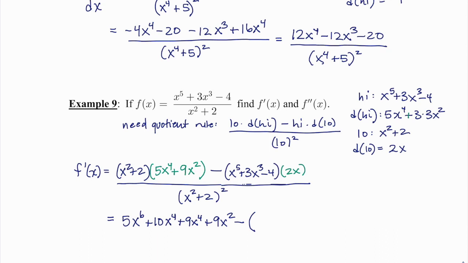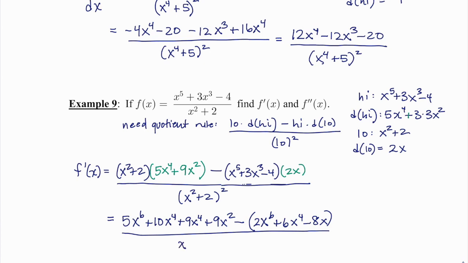So I'd have minus 2x to the sixth plus 6x to the fourth minus 8x. And then in the denominator, I'm just going to leave this as x squared plus 2 squared. Nope, I'm going to expand that too, because we need to take its derivative, and so we're going to need it in expanded form.